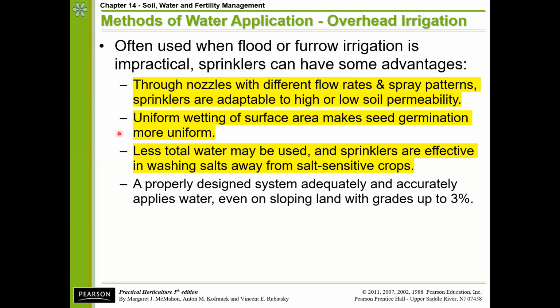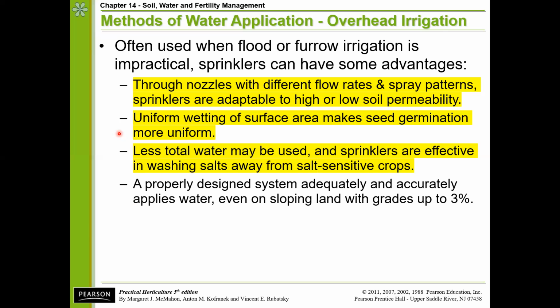So with overhead irrigation, we might use less total water as compared to flood or furrow, but we also lose a lot because of evaporation, because you're getting the plant canopy wet rather than the soil surface itself.